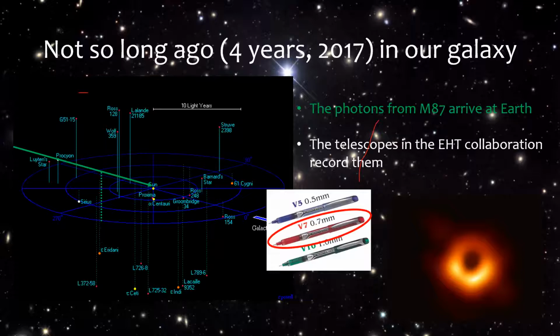Does this happen to gravitational waves as well? Well, gravity waves, because it's space-time itself that's doing the waving, are not going to interact with dust in the way that light would, right? Light can scatter off dust and whatnot.